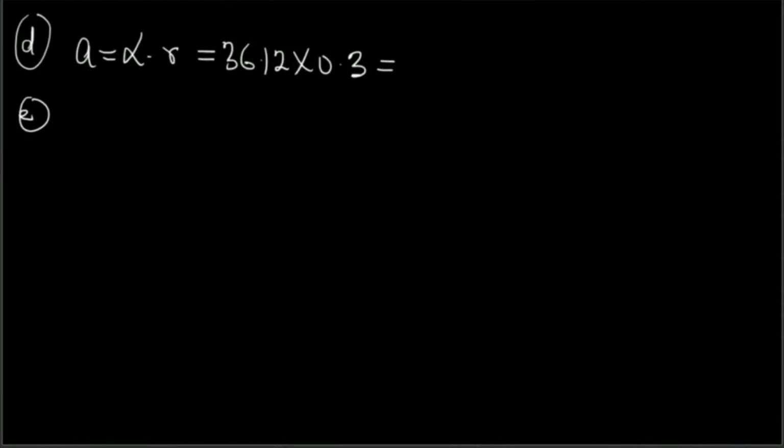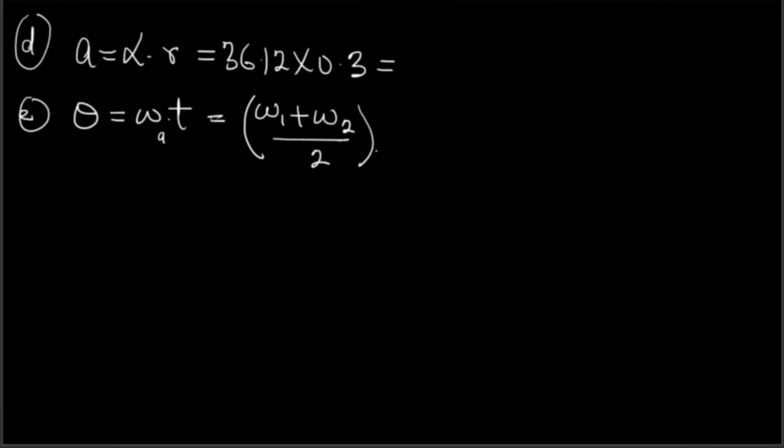Angular displacement during 4 seconds. Angular displacement is the angular velocity multiplied by time during 4 seconds. So you're going to use the average, multiplied by 4.